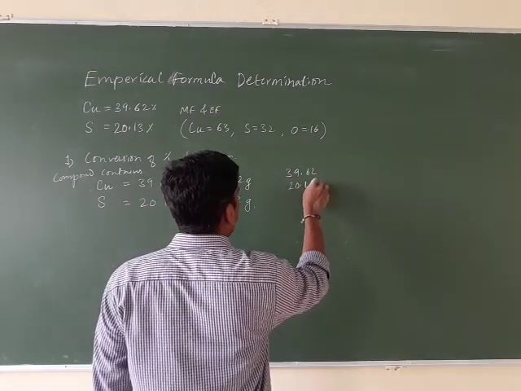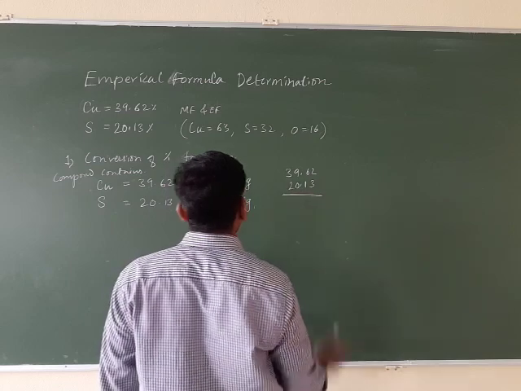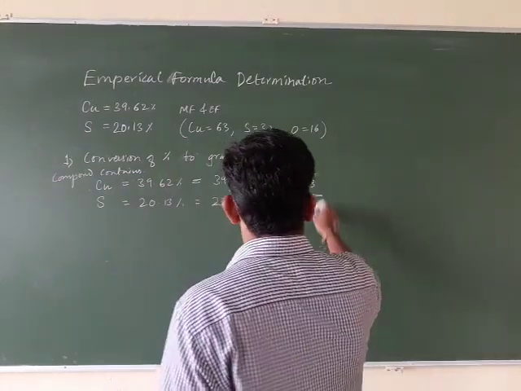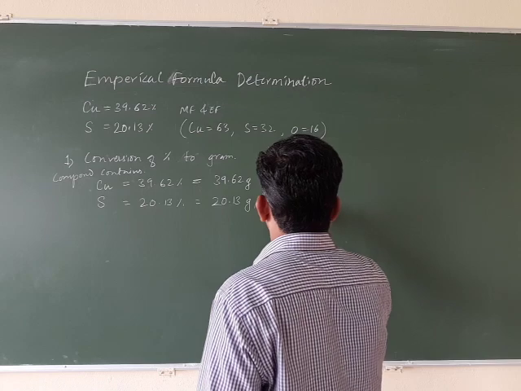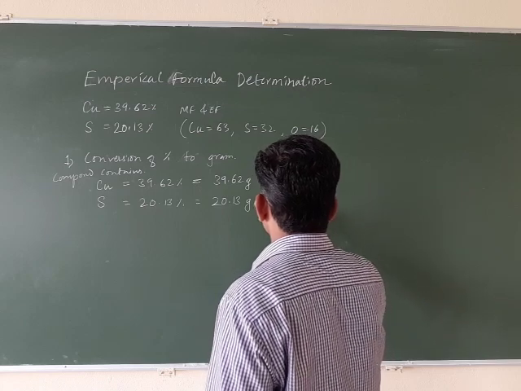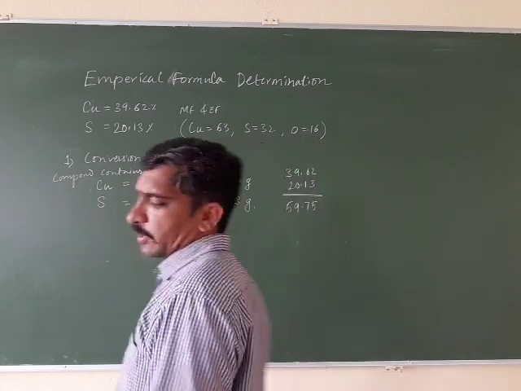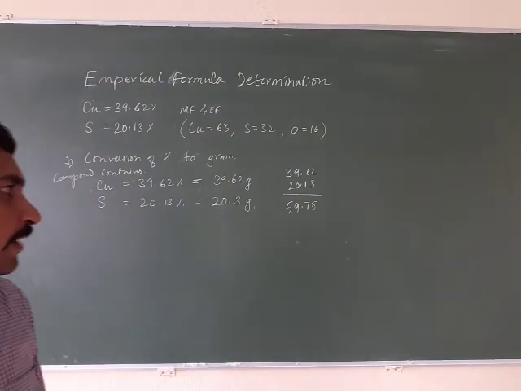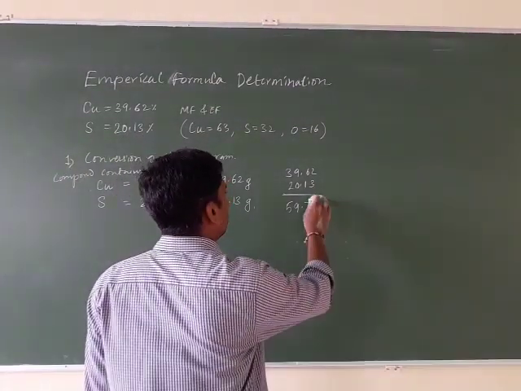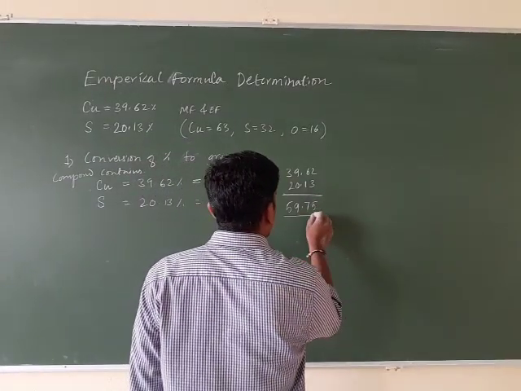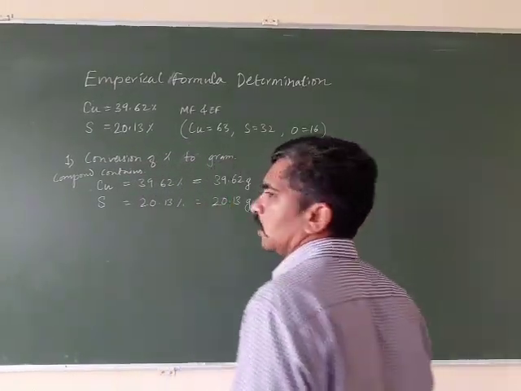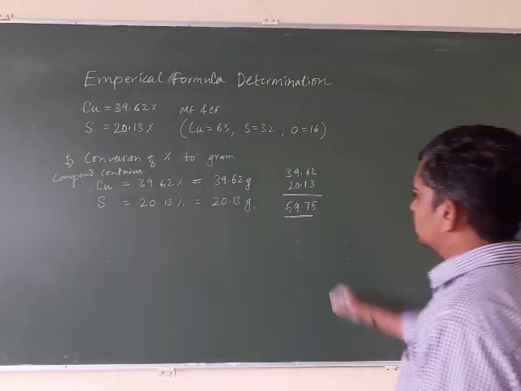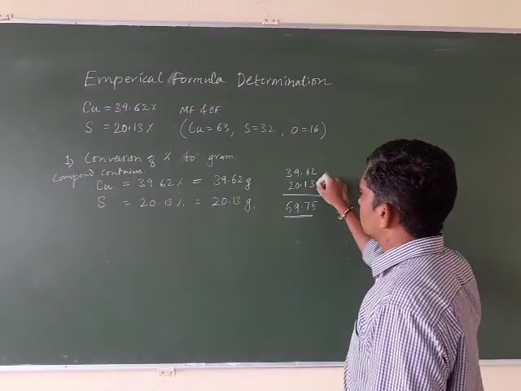Now if you take the sum of the mass percentage given for the different elements, it will be 59.75% only. Now it is not equal to 100, which means that there is an oxygen atom.